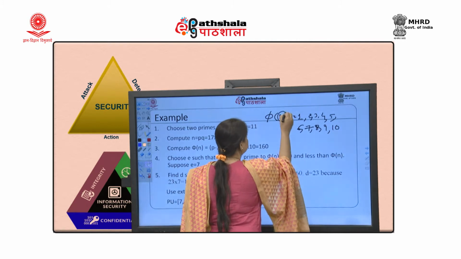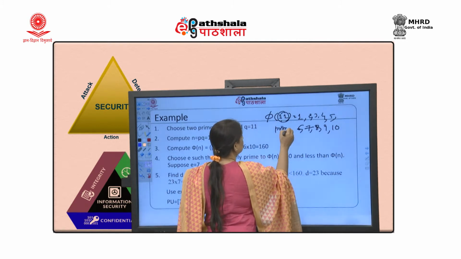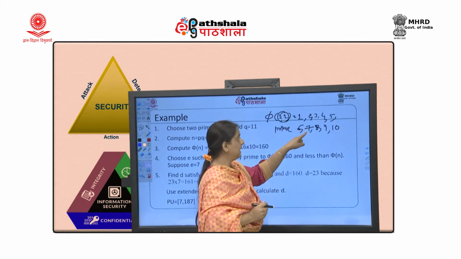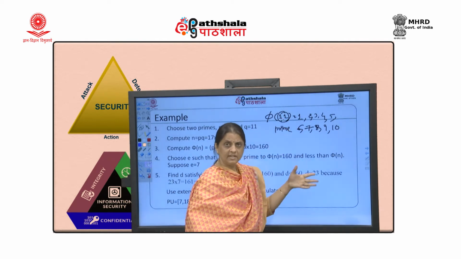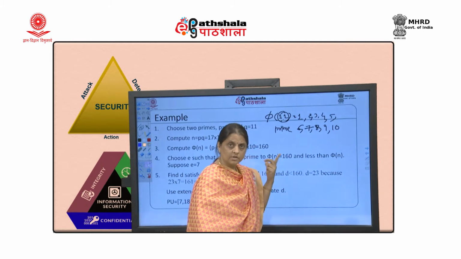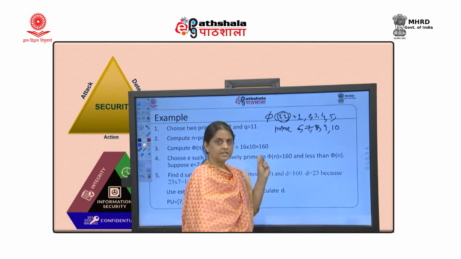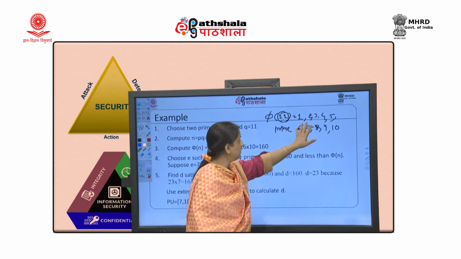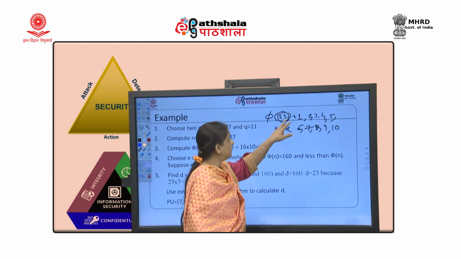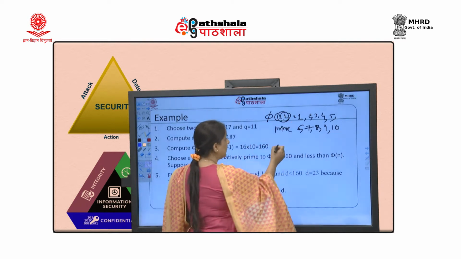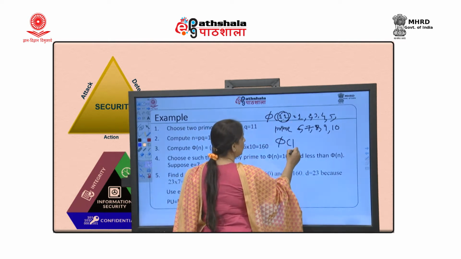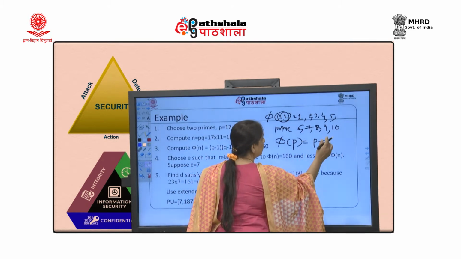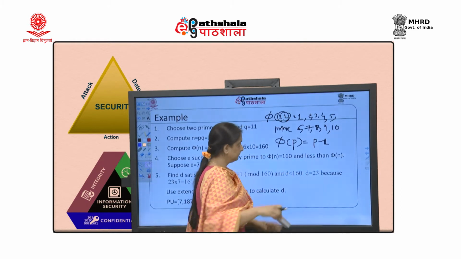Since this is a prime number, all the numbers less than 11 would be relatively prime to 11, because 11 is prime, so that it has only two factors, 1 and the number itself. So, it is not having any common factor, that is why phi of 11 would be 10. So, in general we can say if I am finding out the totient of any prime number, it would be nothing but P minus 1.